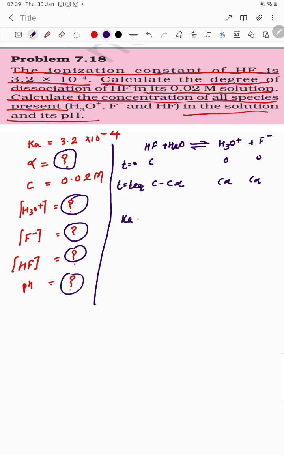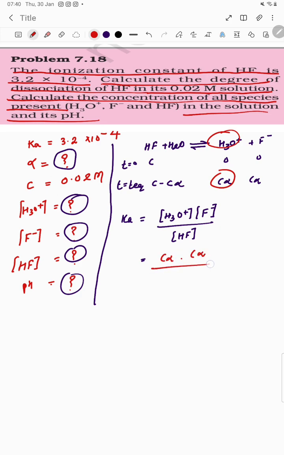So Ka, the ionization constant of acid, is equal to the product of molar concentration of products divided by molar concentration of reactant. You can put the values. The H3O value is how much? C alpha.